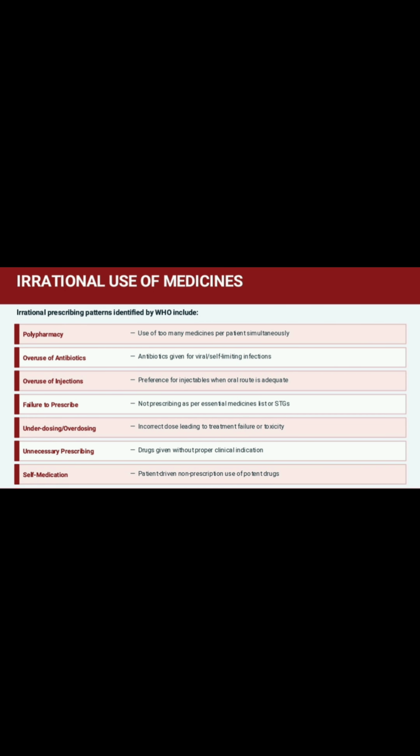Next is irrational use of medicine. Irrational use of medicine is a major problem worldwide. WHO estimates that more than half of the medicines are prescribed, dispensed, or sold inappropriately by the prescriber or by any medical staff, and that half of the patients fail to take them correctly.